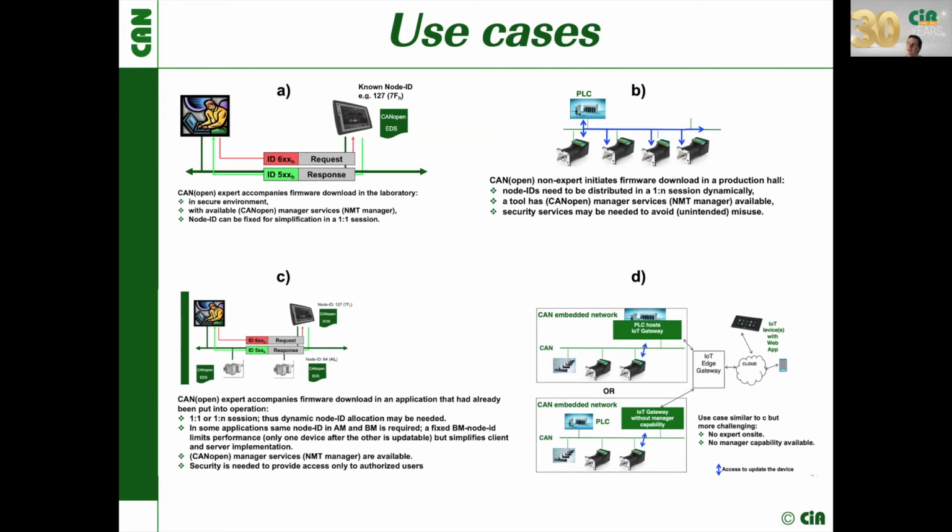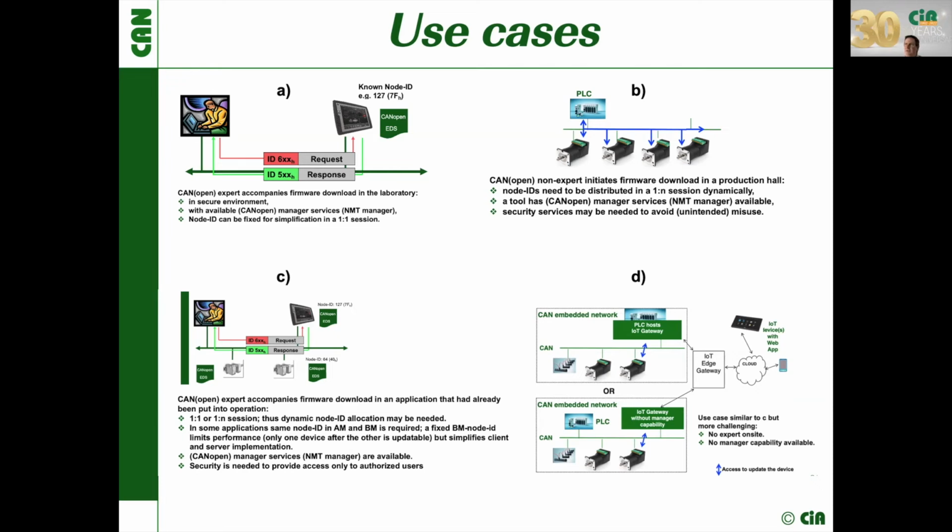A little bit more challenging is maybe the end-of-line production, the use case B, where we want to provide the same firmware to various devices. And here we have to think about the node ID handling. Not all the devices can come up with the same node ID. So here maybe a layer setting services support is advisable. And furthermore, we have typically a tool that has manager functionality.